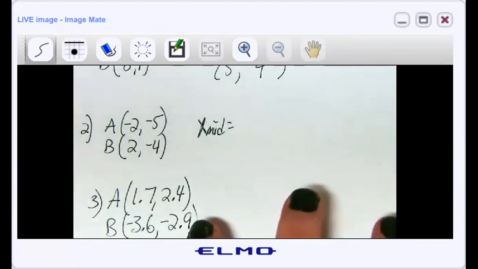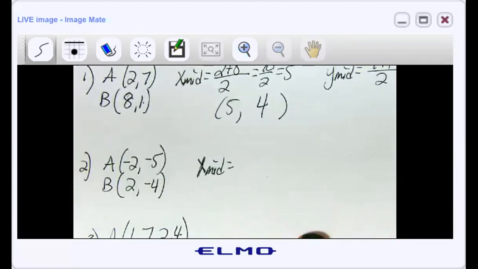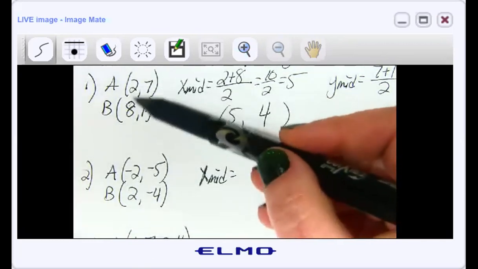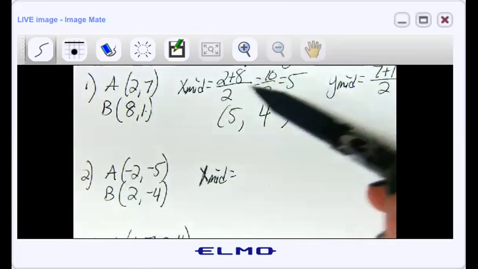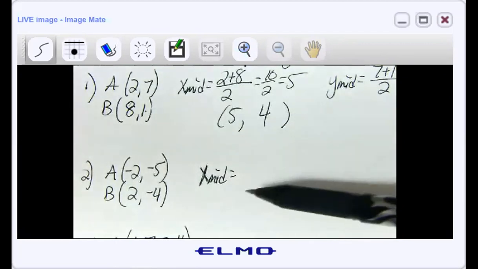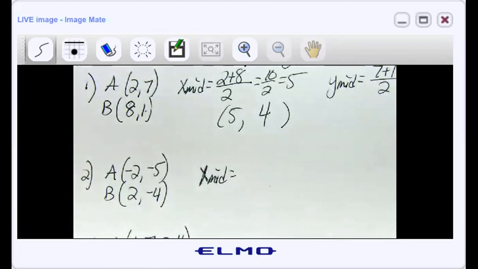-2. Well, so take a look at what we did here for this last one. Okay. See how we add your x's together. See that? We added them together and then you divide by 2. So you're going to do the same thing here. Add those x coordinates together and divide by 2. What do you get? 0. Yeah, 0 in this case.